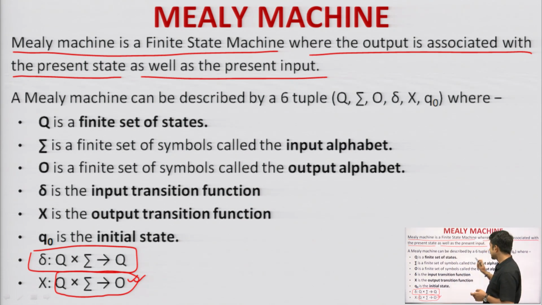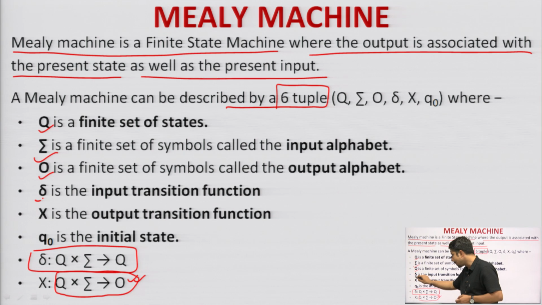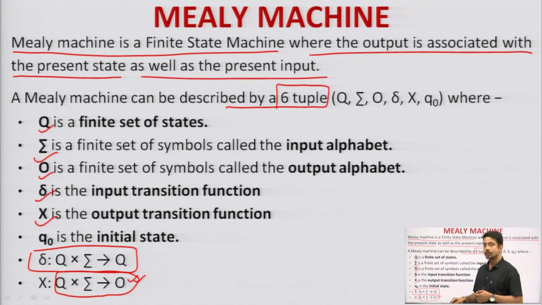Next comes the formal description. The formal description again comprises 6 tuples, where Q is a finite set of states, sigma is a finite set of input alphabets, O is a finite set of output alphabets, delta is the input transition function, capital letter X is the output transition function, and Q naught is the initial state.